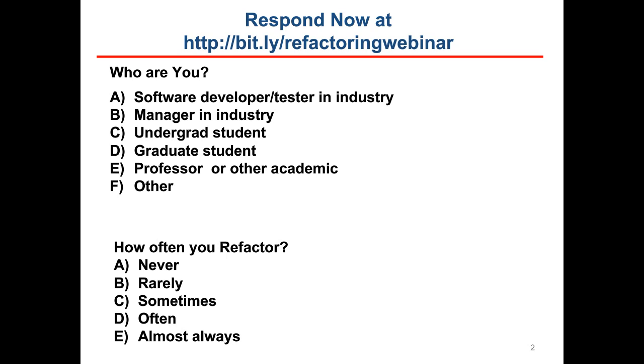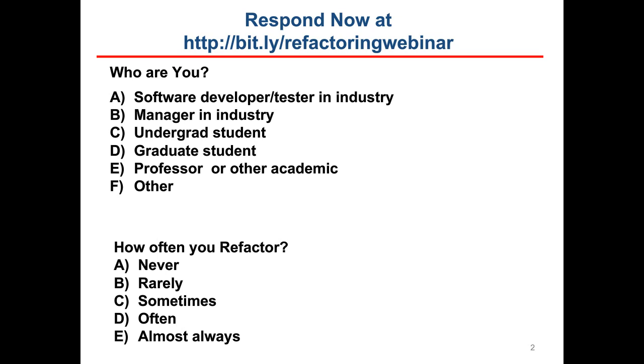It's an equal mix, looks like about 5-10% each. Professors and other academics, it's about 14%. And we have some teachers from high school, some lifetime learners, research scientists from industry, so quite a few people who selected other.